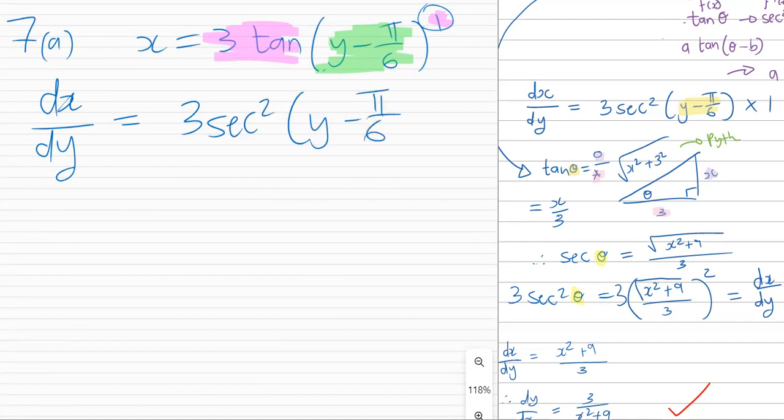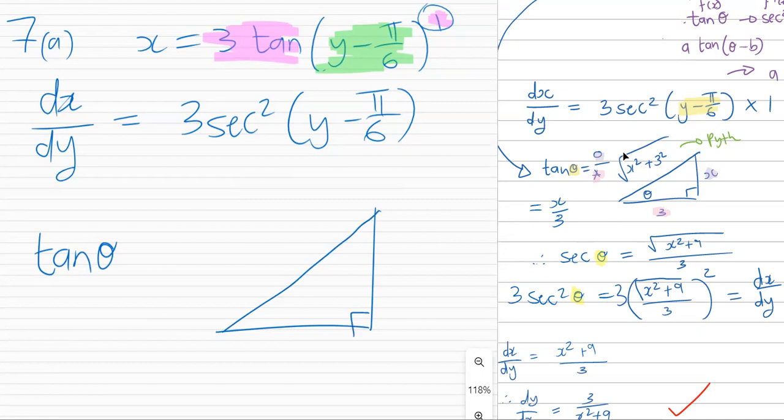Just bear this in mind, but I'm going to start with the dy dx at the top, and I'm going to make myself a triangle. So say we had a baby triangle with tan theta. I'll draw it like this.